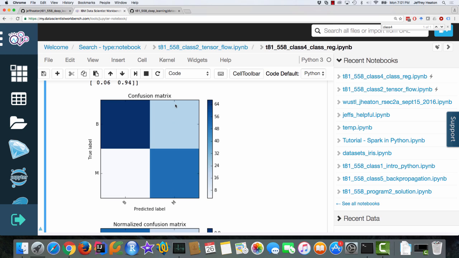You predicted malignant, it's not, that's a false positive. You predicted benign, but they really did have cancer. That's the false negative. You gave them a negative, but it was really positive.